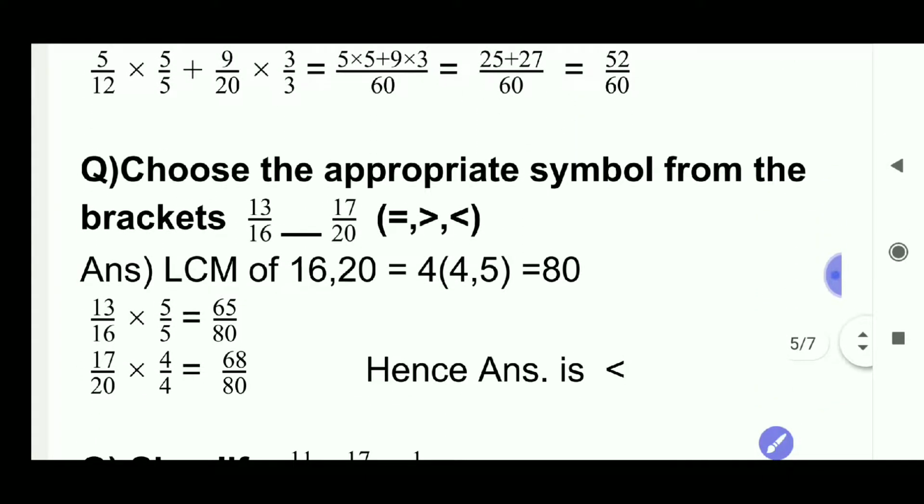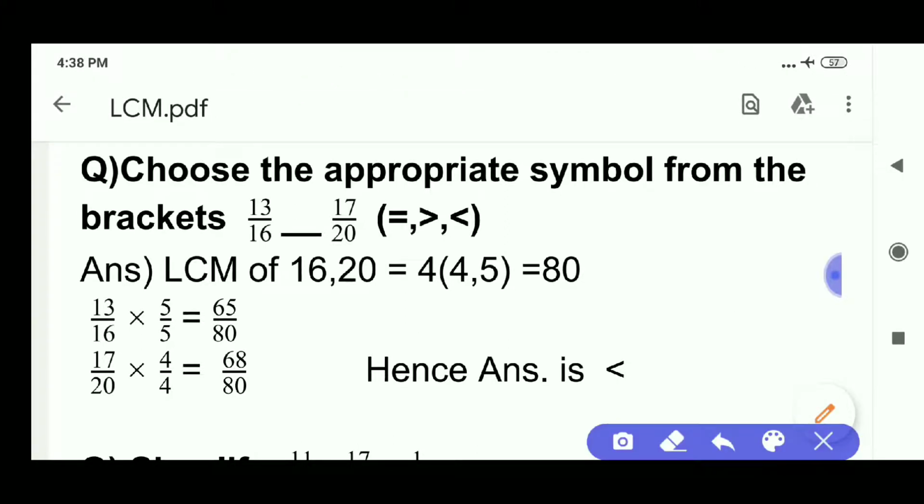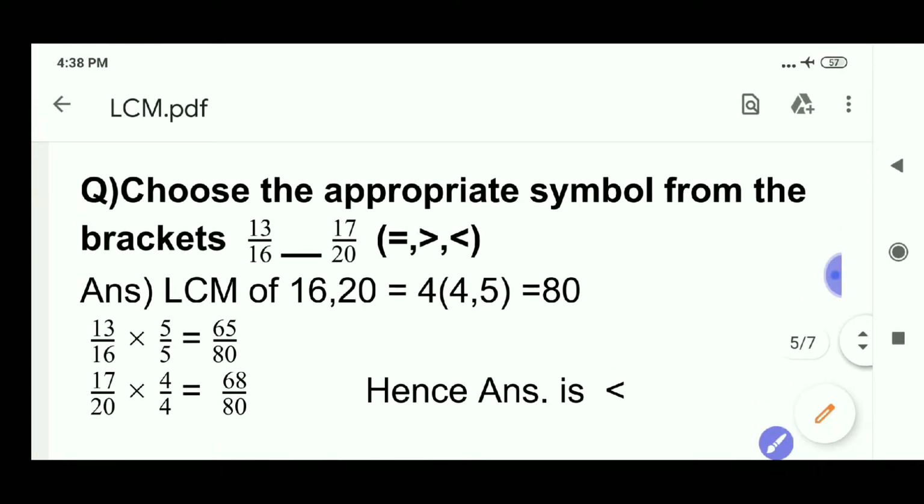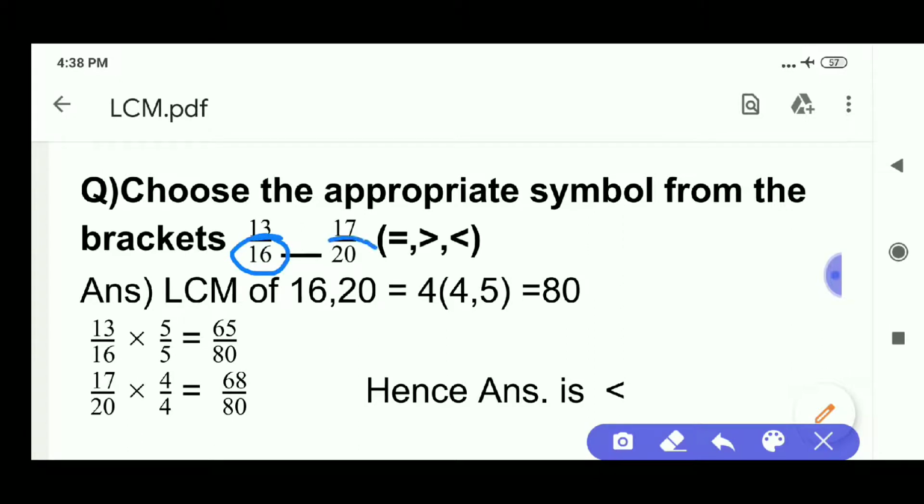Let us solve one more question. Choose an appropriate symbol from the brackets. The question is 13 by 16 dash 17 by 20. Symbols are equal to, greater than and less than. How to solve this? First find the LCM of the denominators, that is 16 and 20. Its LCM is 80. Our aim is to make each fraction's denominator 80.